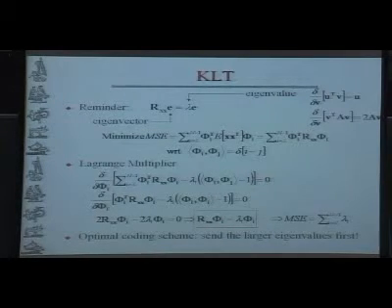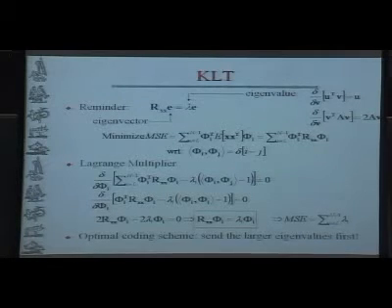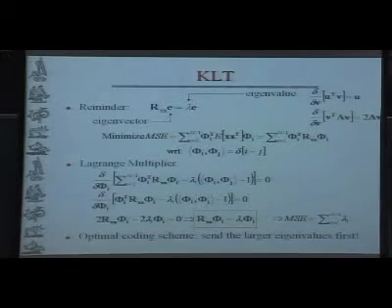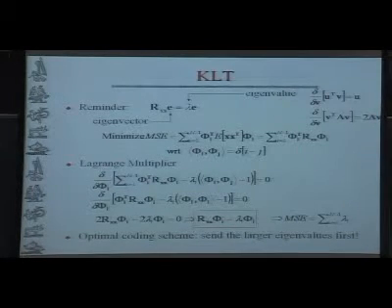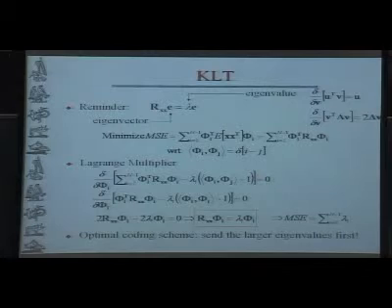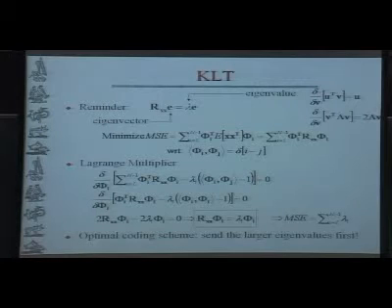That's all it's trying to say. Pick your eigenvectors as the basis functions. If you pick the eigenvectors as the basis functions, the transform coefficients will turn out to be eigenvalues. Send the eigenvalues over.